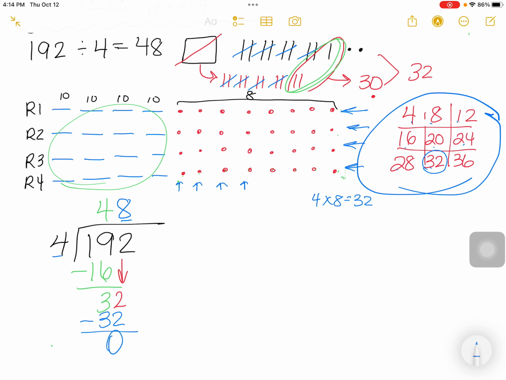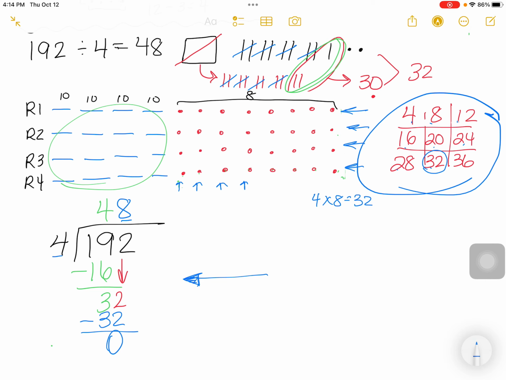This is why it's really important for them to understand how to do these arrays, because it's going to help them when we're doing the algorithm. We're not going to do arrays for very long. We practiced it for a couple of days last week, and we will probably use it a couple more times, and then we are going to move on to the algorithm.